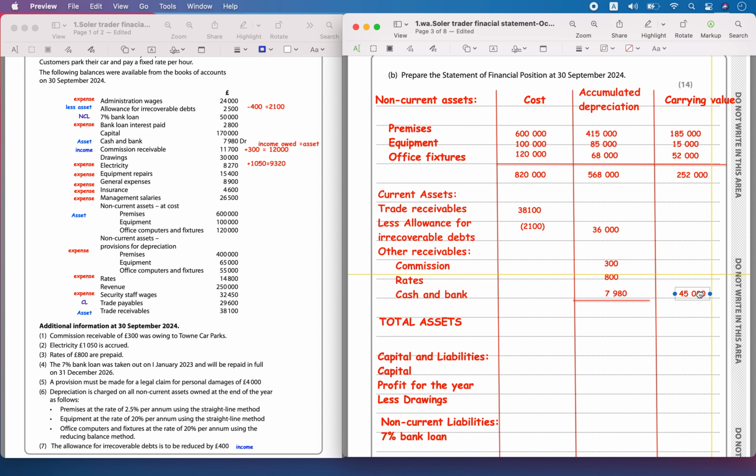Now we can see the 252,000. So let's add the total assets. It's going to be equal to non-current assets plus current assets: 252,000 plus 45,080, which is equal to 297,080. So this is the value of total assets.